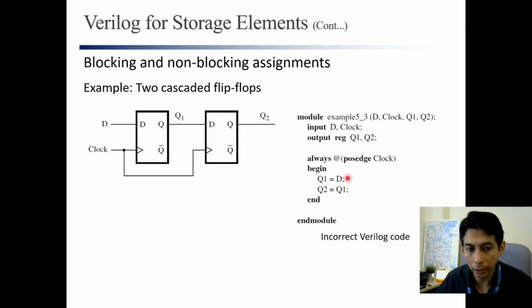If you have many statements in your always block, they will be evaluated line by line. First come, first served: the first one will be evaluated first, then the second one, the third one, and so on.